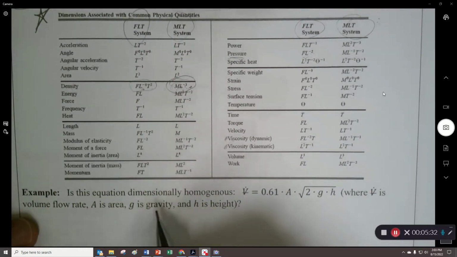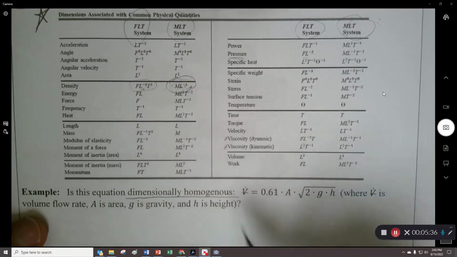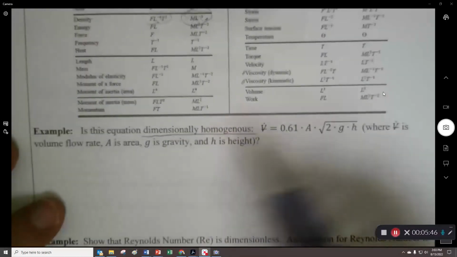And okay, we want to ask the question, is this equation dimensionally homogeneous? Now, the title of this section is Importance of Dimensions in Units. This is an example of something you should try to be doing.